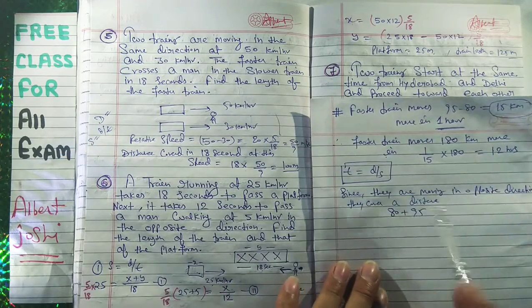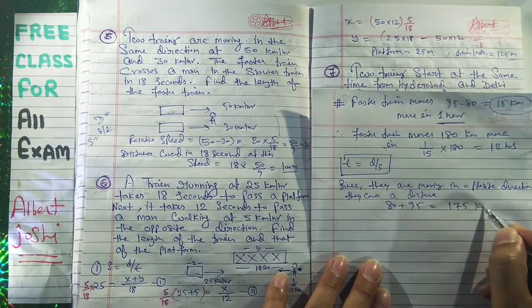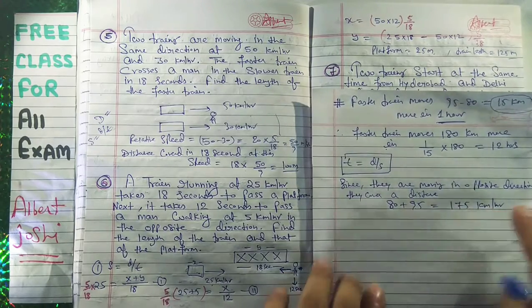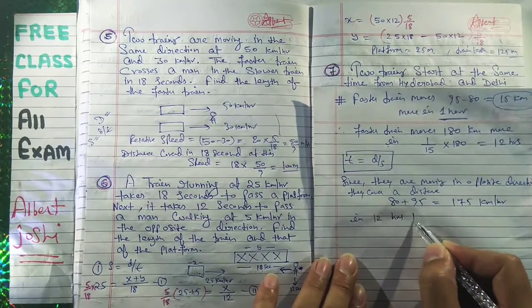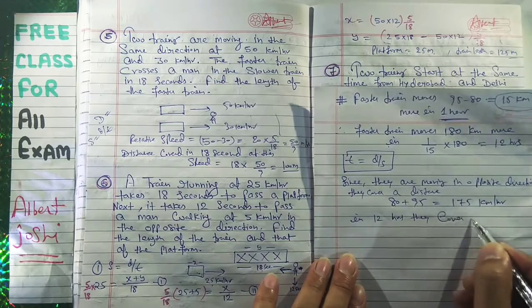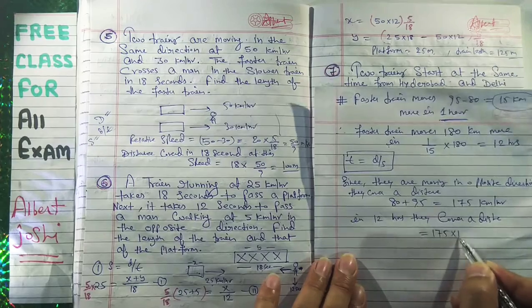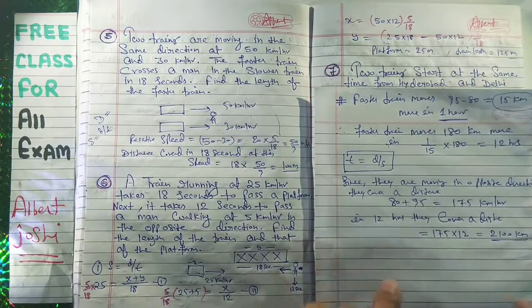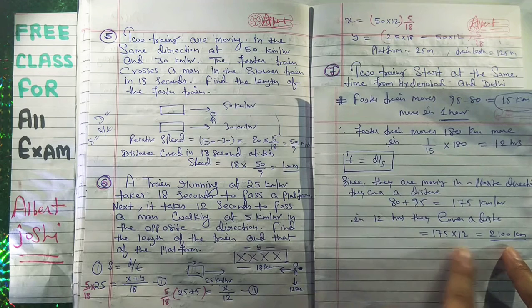In this condition, 80 plus 95 speed is 175 kilometers per hour. In 1 hour they travel 175 kilometers. So in 12 hours they cover a distance equal to 175 into 12. If you multiply, you will get 2100 kilometers. So that is the total distance they have covered.